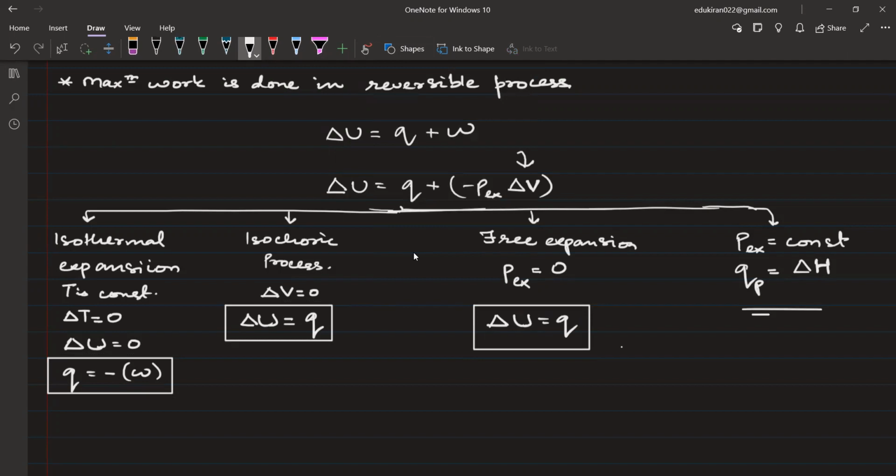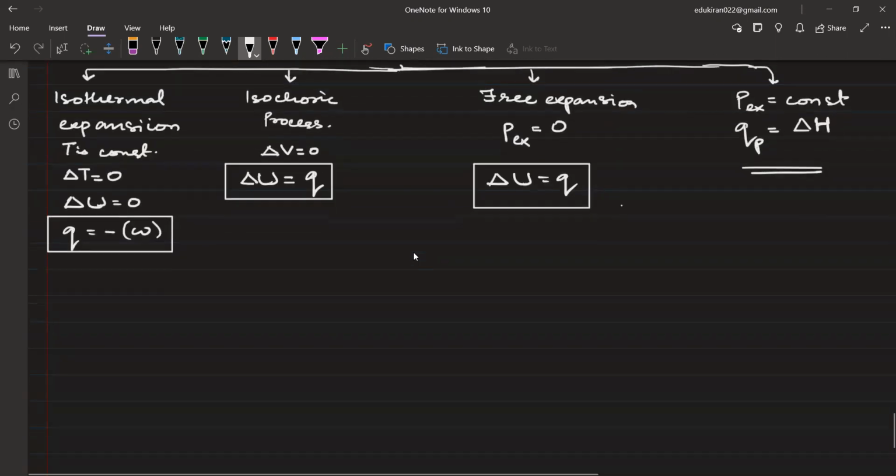We'll look at this case. Okay, we are going to look at this case now. You will put the topic enthalpy. Write the topic enthalpy.